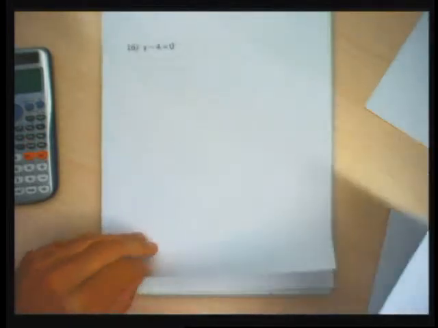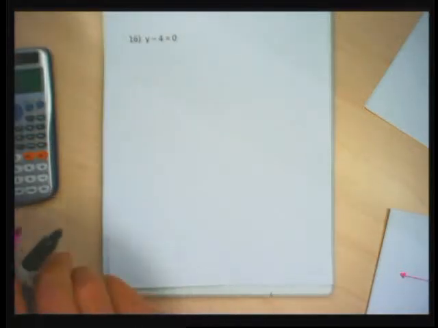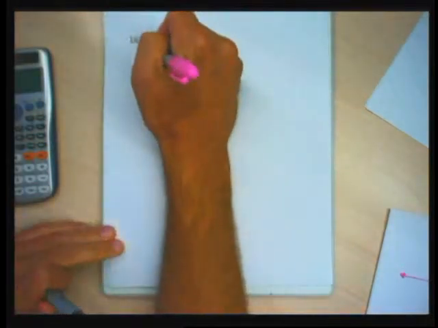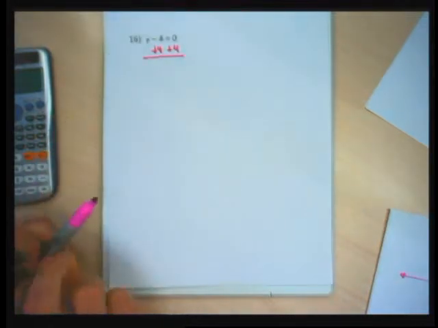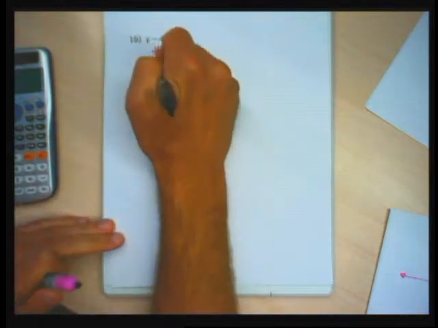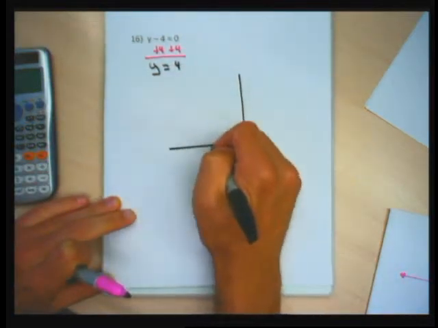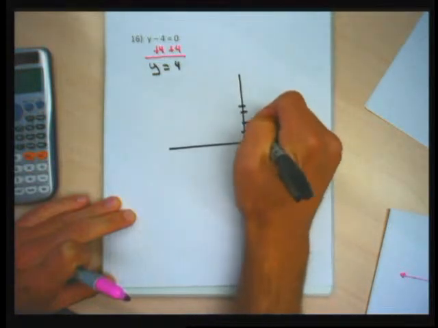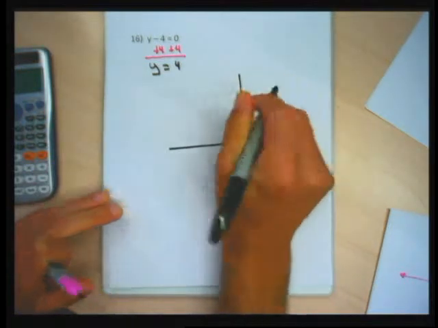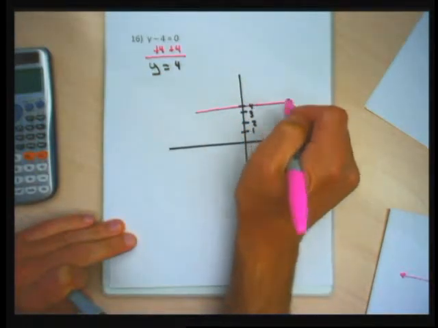16 is a dumb problem on my part in that it doesn't turn into something new. If I'm asked to graph this, I'm going to solve it for y. I know that if I only have a y, I'm going to get a horizontal line. And to know where to draw that horizontal line, you have to have the equation solved for y. So I'm going to find 4 on the y-axis, draw my horizontal line.